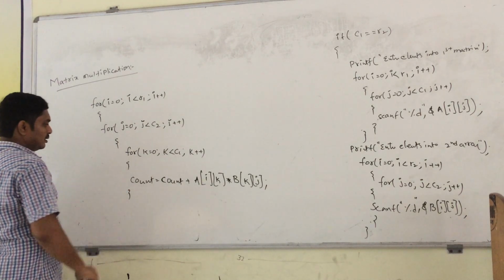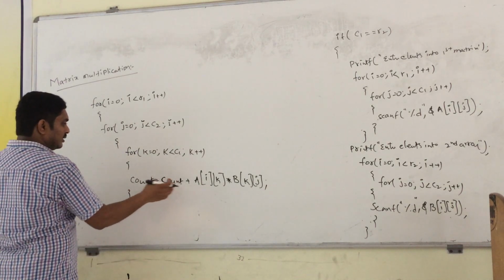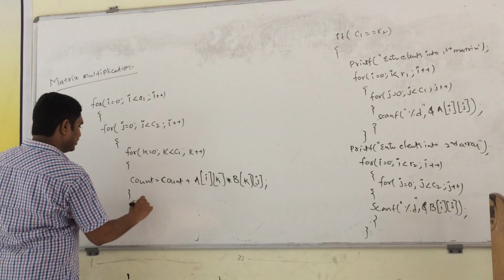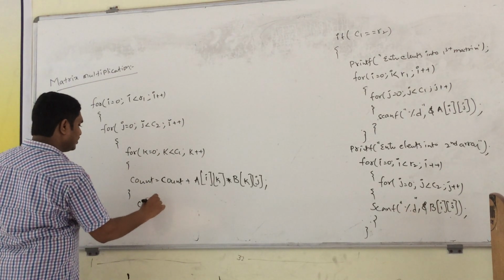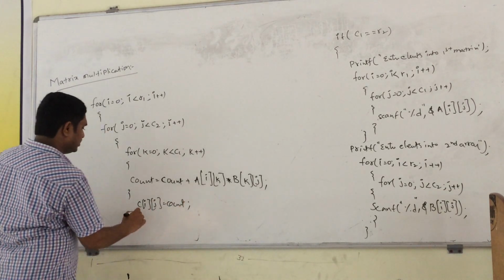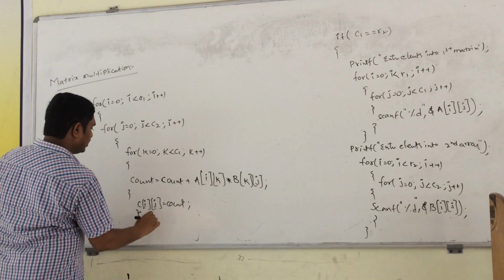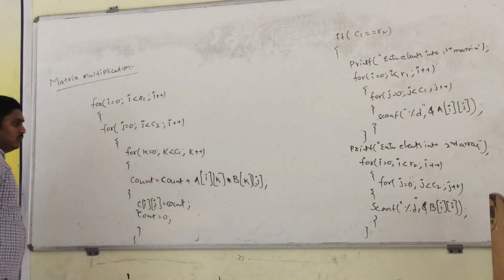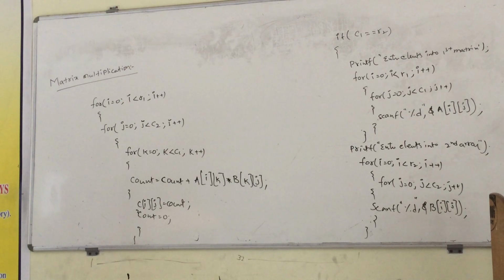Then this count is stored in C of ij. C of ij equals count. So this is the end, and count equals 0, end of the for loops. Okay, this is the logic.